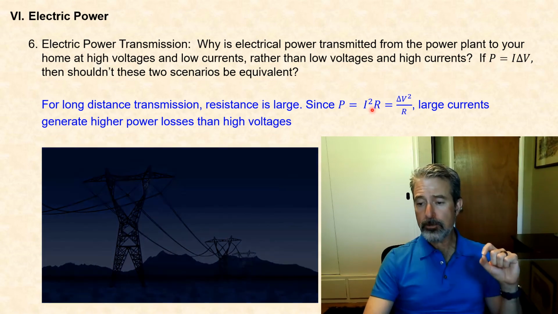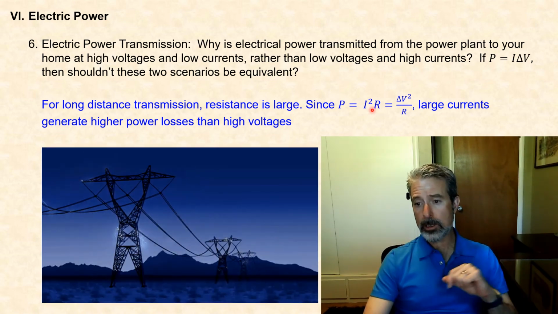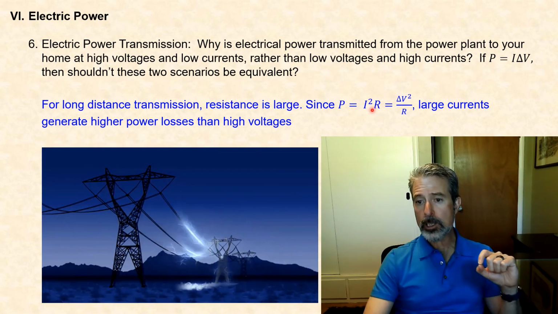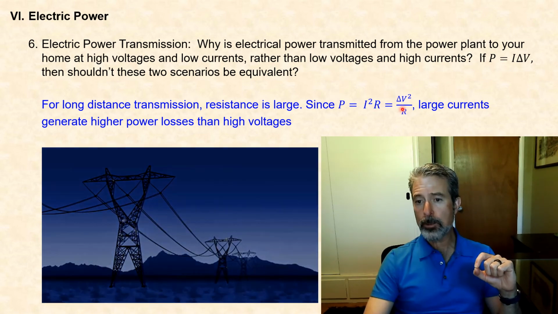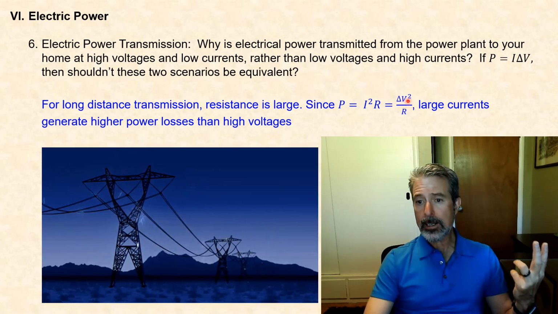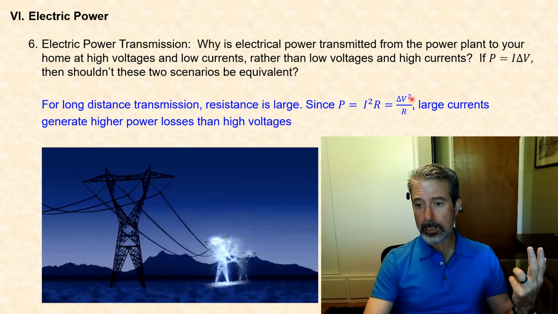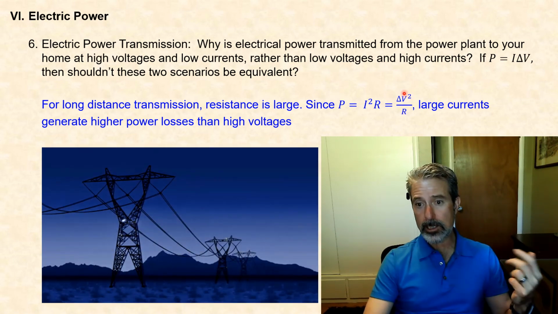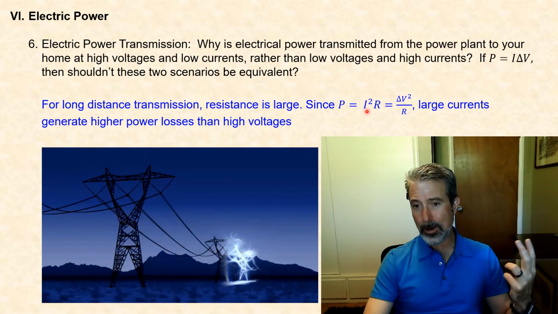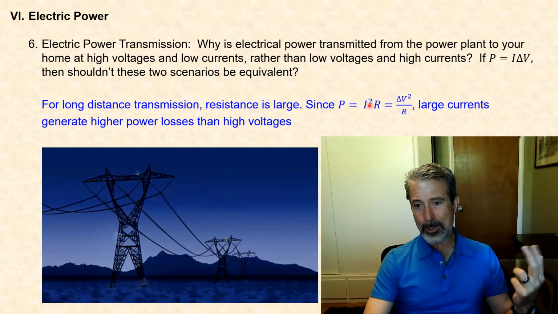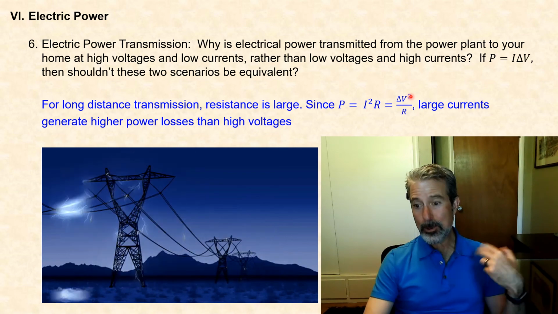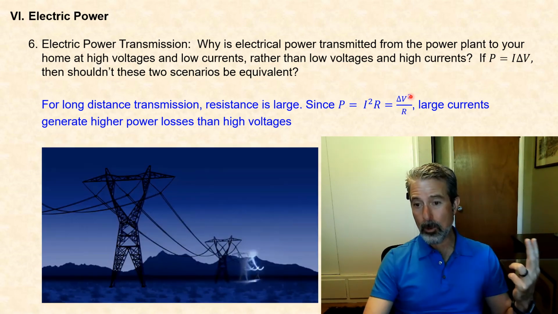So what's the advantage of using the high voltage, low current concept to transmit power? Well, when you look at this formula over here, yes, with a high voltage you're also squaring the voltage, so it doesn't seem like you're gaining anything versus squaring the current, right? If the current is large or the voltage is large, you're still getting a big number in your numerator here.